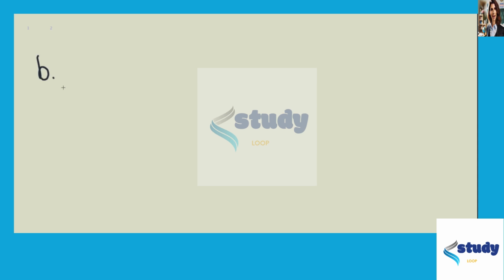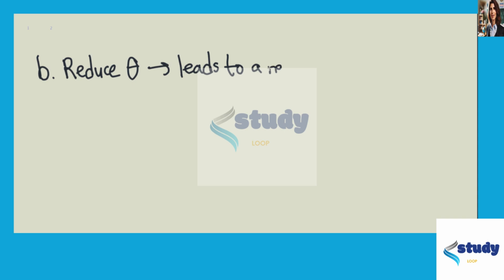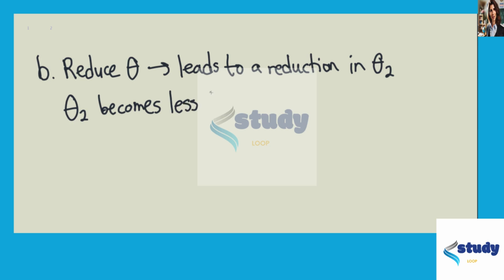Now for part B, if we were to reduce theta, this would lead to a reduction in theta sub 2. And if we're reducing the angle theta sub 2, it becomes less than the critical angle.